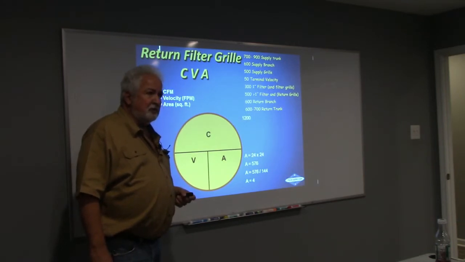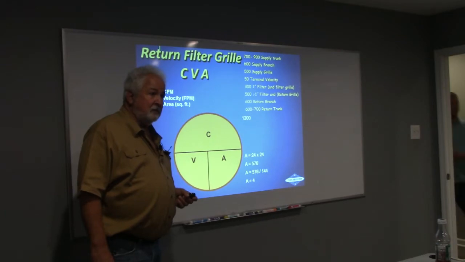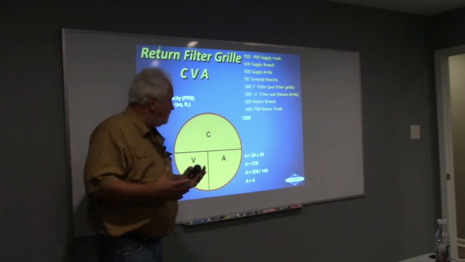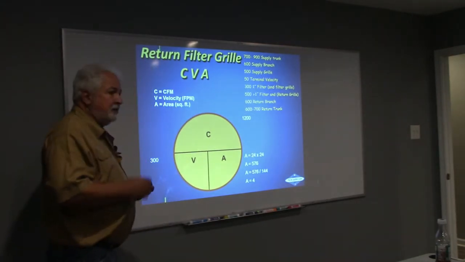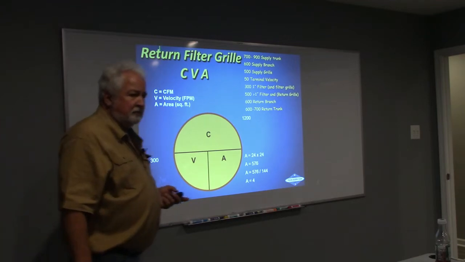So a 24 by 24 grill can handle about 3 tons of air. Does that make sense? Cool. Well, that's kind of cool. I can work with that a little bit, yes? Good, let's work with that a little bit. Let's see what happens. Here's another one over here for somebody else.